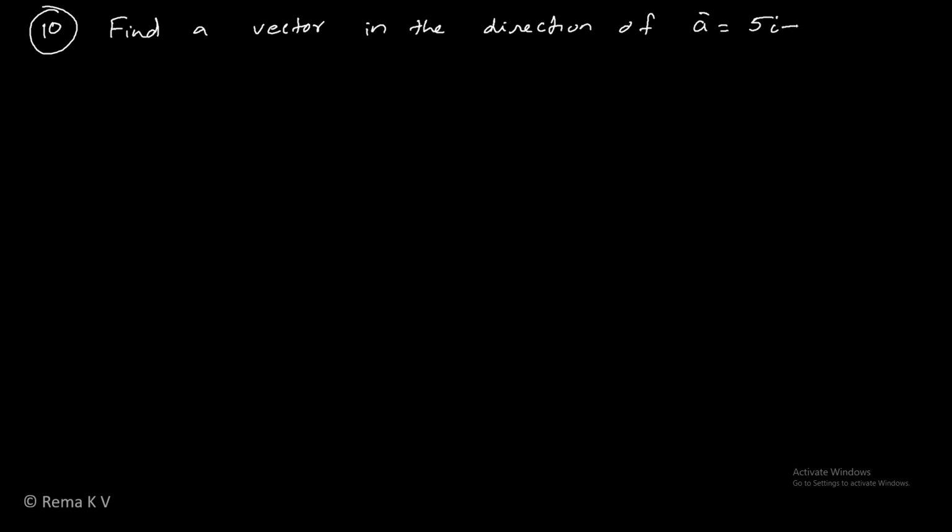Okay, now the next one is: find a vector in the direction of A equals 5i minus j plus 2k, which has magnitude 8 units.